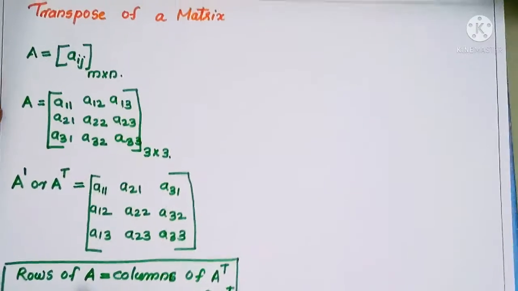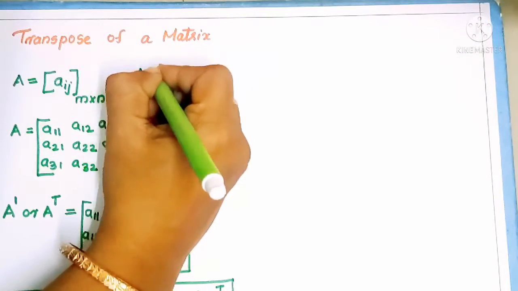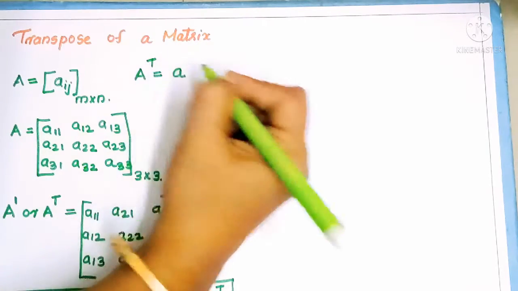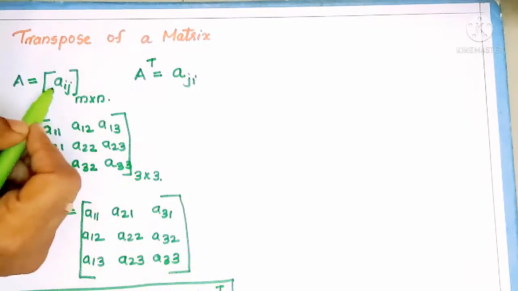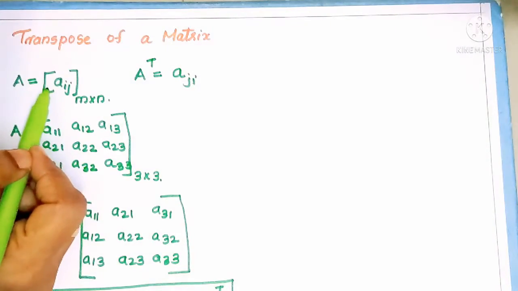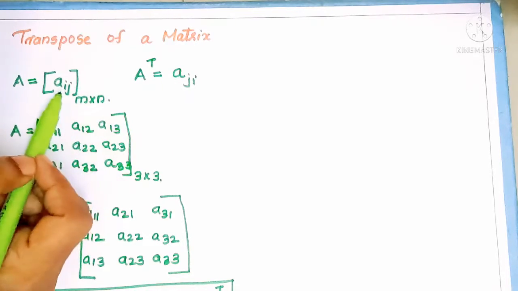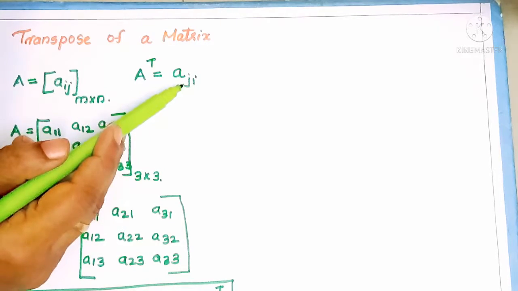So we can write the general form of the A transpose matrix. A transpose should be equal to [aji], because here the rows of matrix A become the columns of the A transpose matrix. Also the columns of matrix A become the rows of the A transpose matrix.